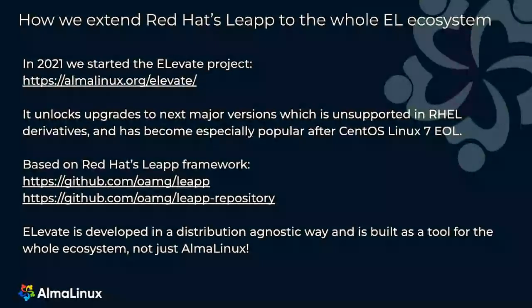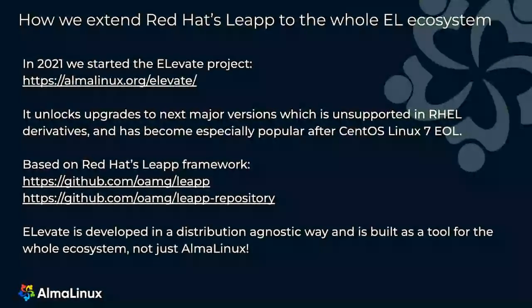Three years ago, we started a project called Elevate that unlocked this possibility. Red Hat allows that for RHEL, but this tool just doesn't support any other operating systems. We take it and patch it on our side.